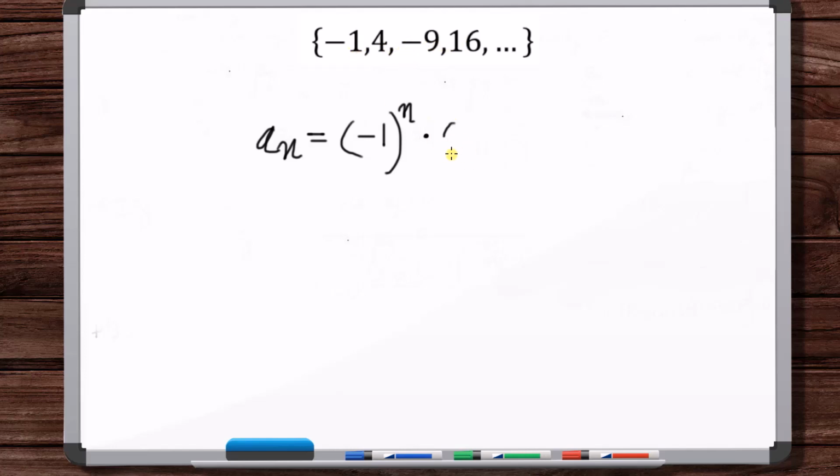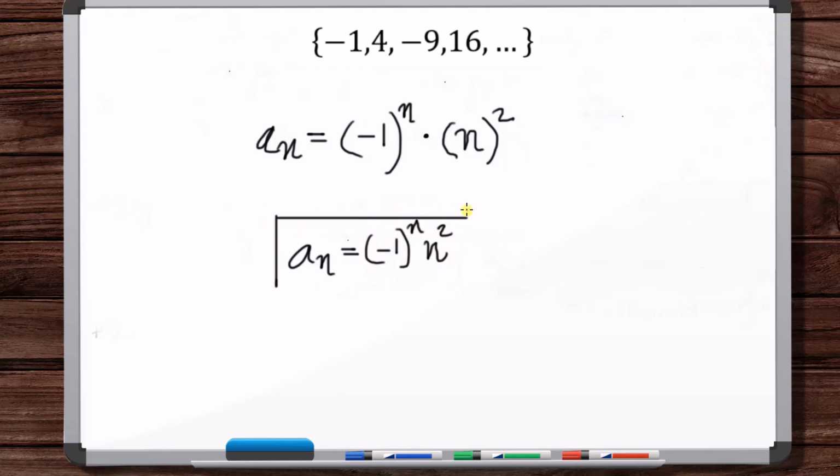So we can say that if we start at n is equal to 1, so that's where we want to start anyway, just put n squared. 1 squared is 1, 2 squared is 4, 3 squared is 9, right? So now just put this in the cleanest form. And then n squared, all right?